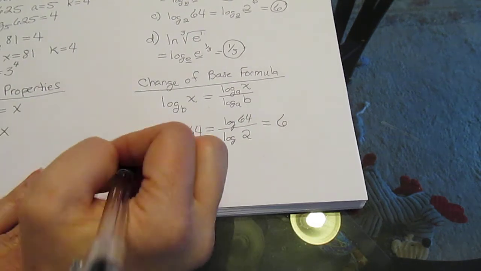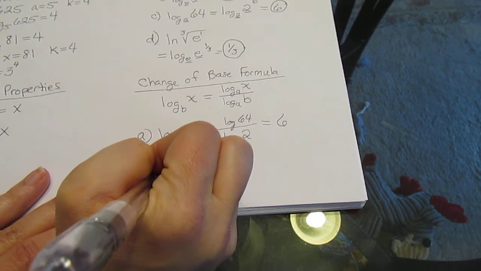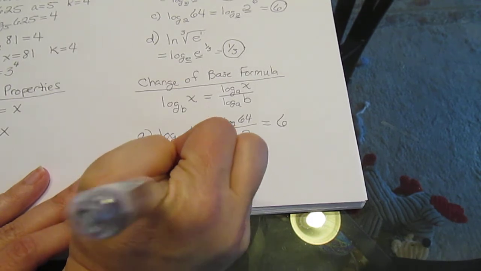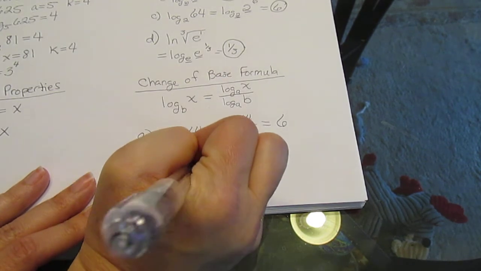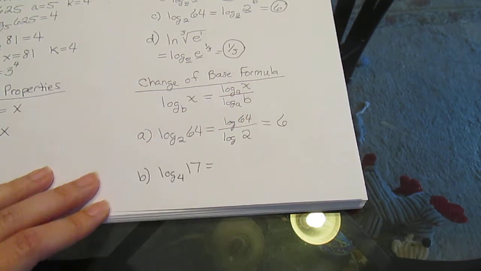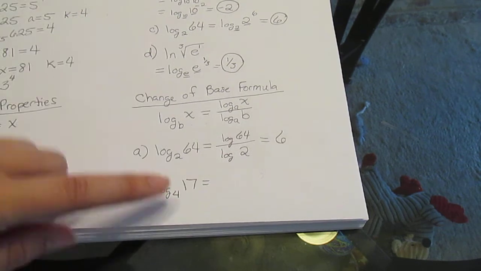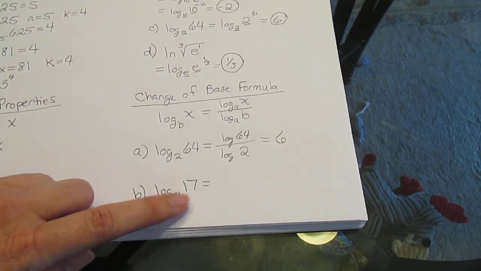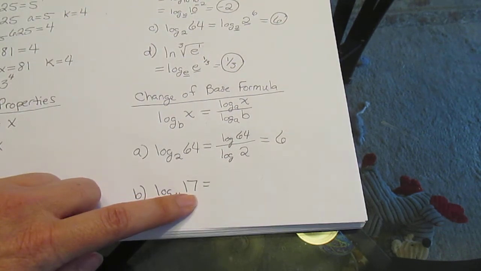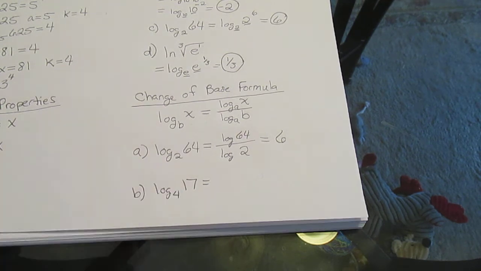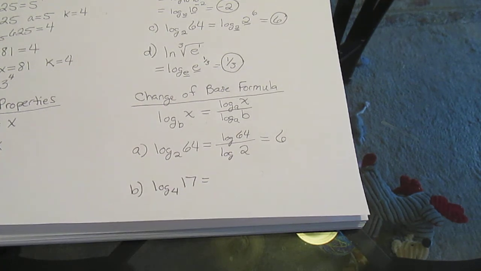Let's just do one more, part B. I've got log of base 4 of 17. Okay, well, if you tried to do this one like we did this one up here, you would find it very hard to get 4 to what power gives me 17. It's really hard to find that number.